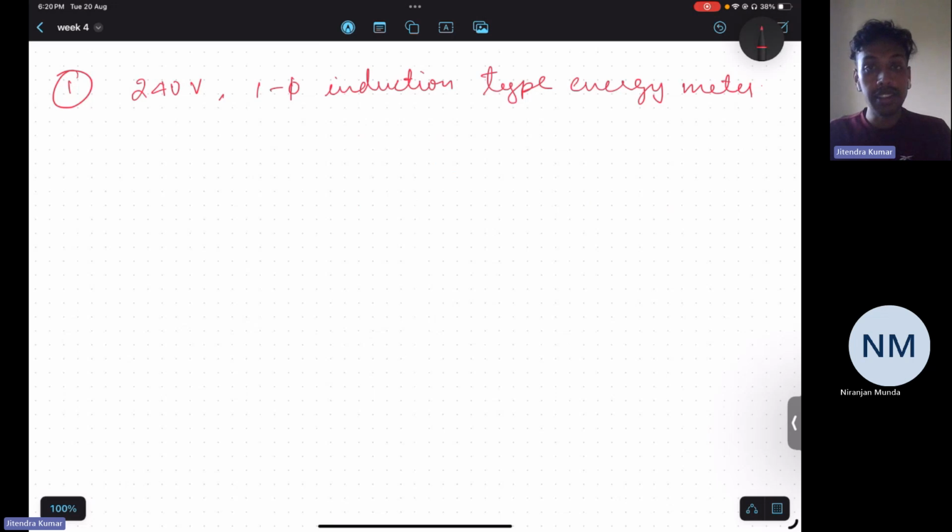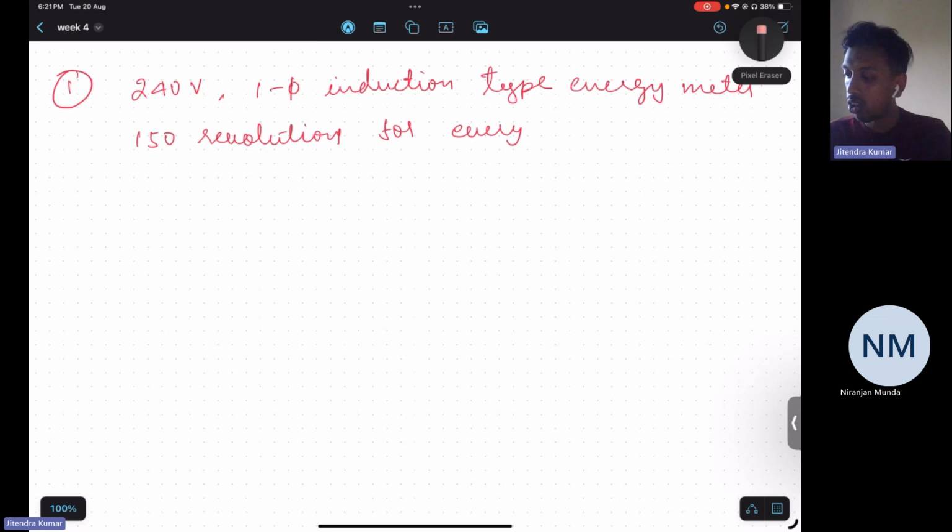It is designed to make 150 revolutions for every kilowatt hour of energy. So we can also rewrite it for 1 kilowatt hour of energy.